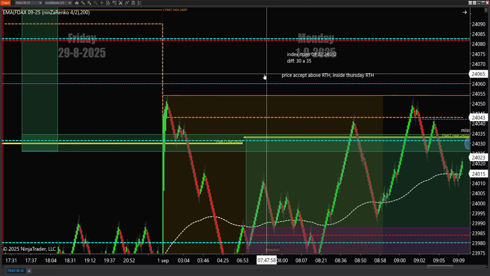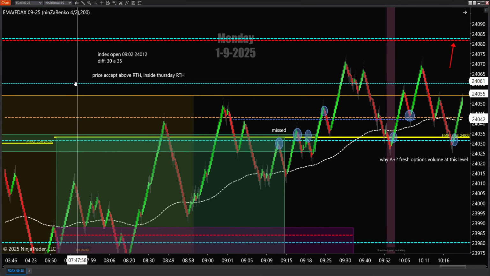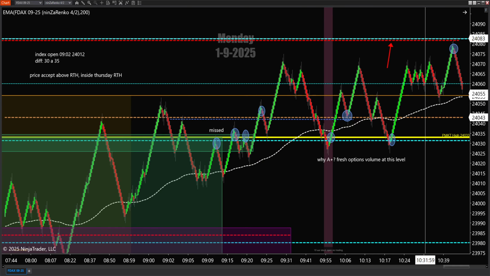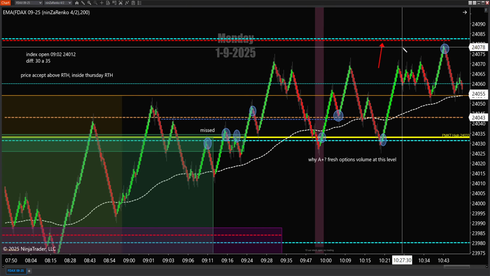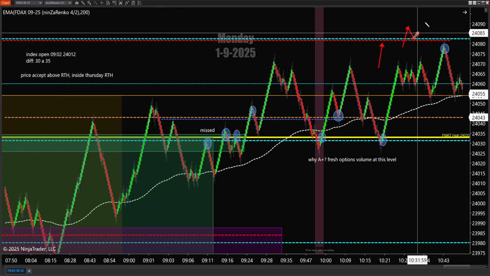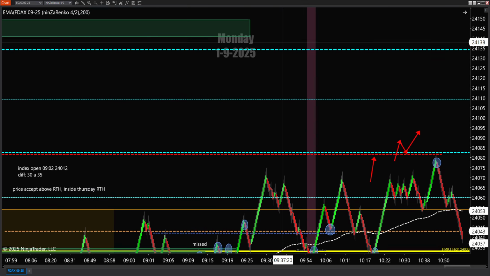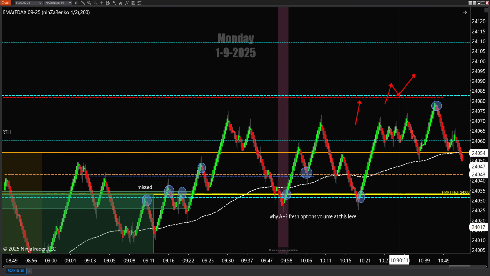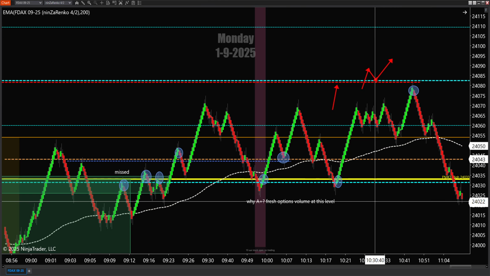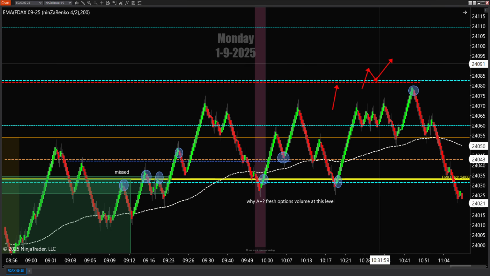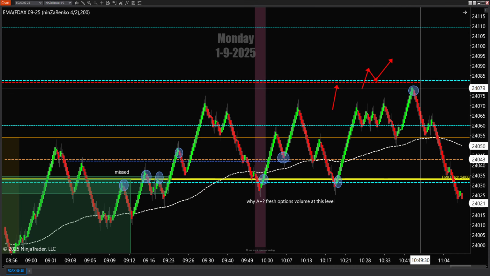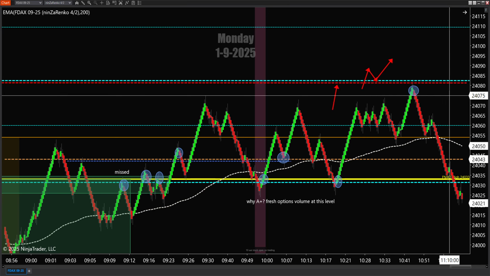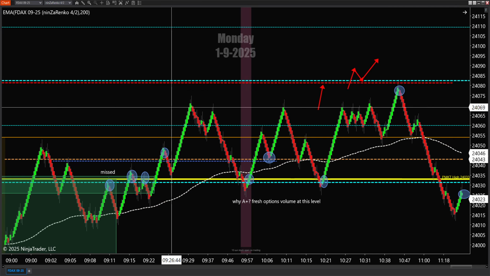Two profiles on top of each other. So I was expecting price to move at least to the point of control of that area, and then to show us it wants to go to the other side. But we did not have enough momentum, enough volume, to make this move to the upside.